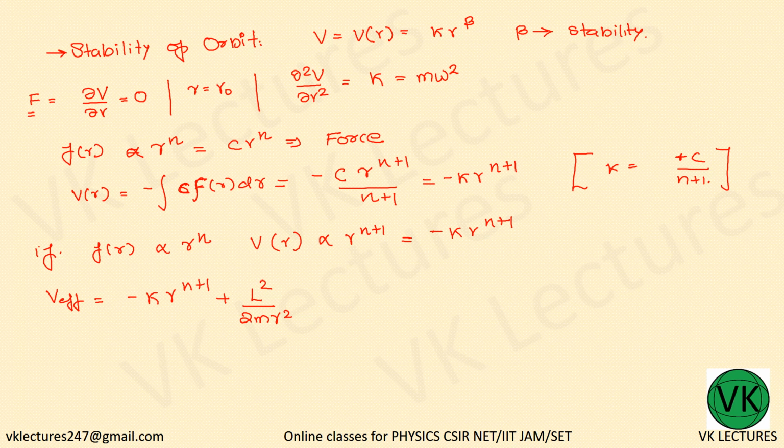Now we equate the first derivative of V effective, that is the effective force, to 0, which gives us minus k n plus 1 r to the power n minus L square by m r cube is equal to 0.